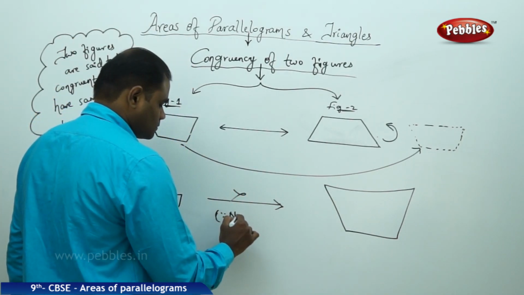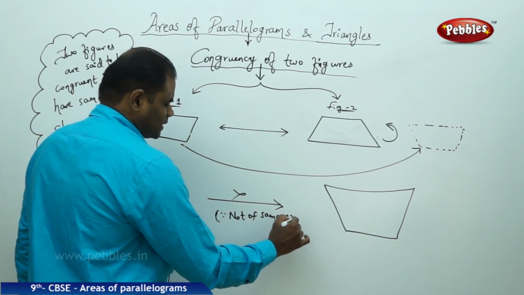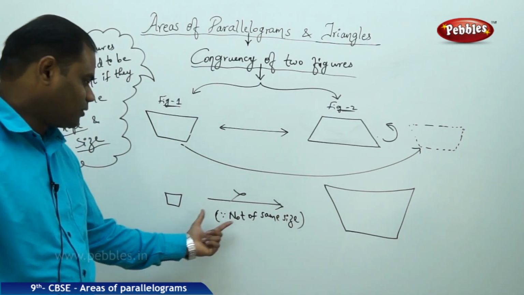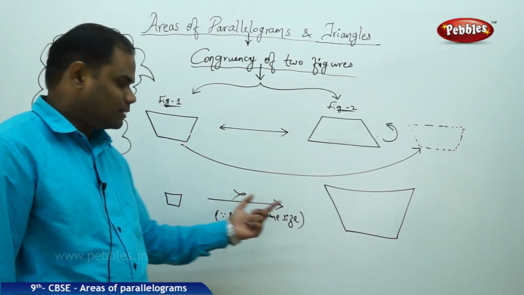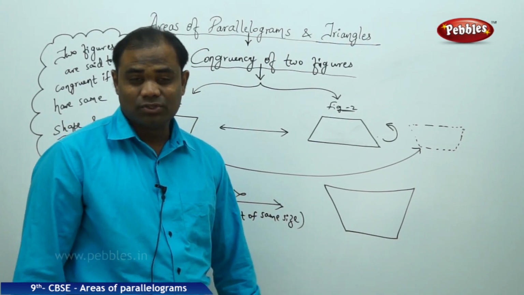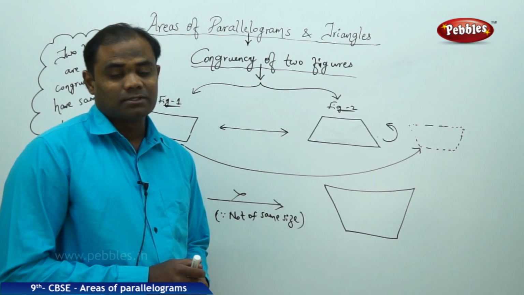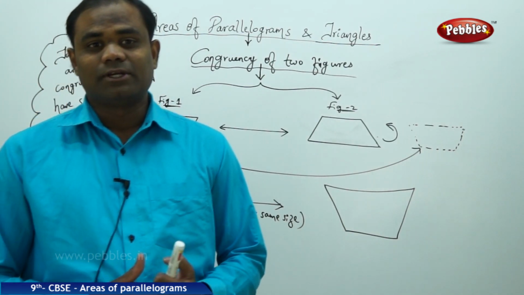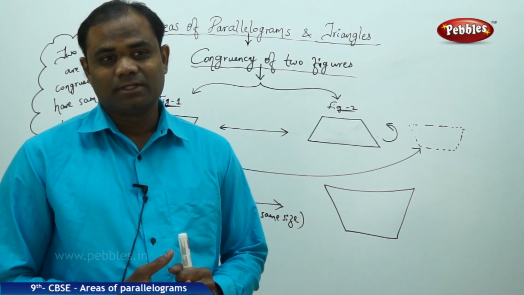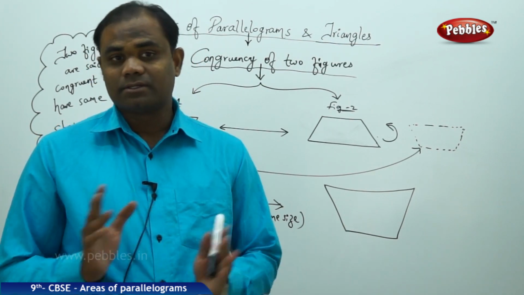Since they are not of the same size, this being of smaller size and this being of bigger size, though they are of the same shape, they cannot be congruent. That is how we understand the congruency of two figures connected with same size and equally same shape.